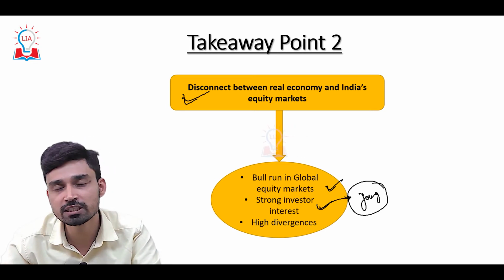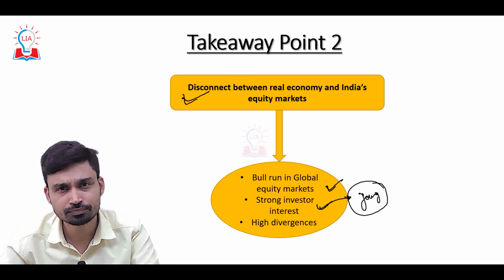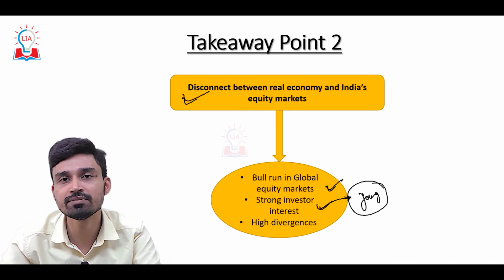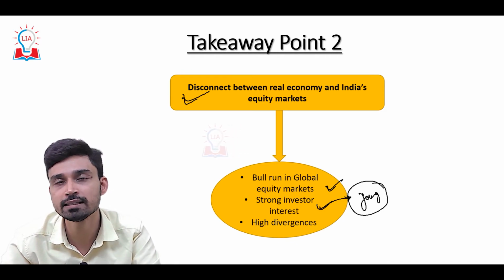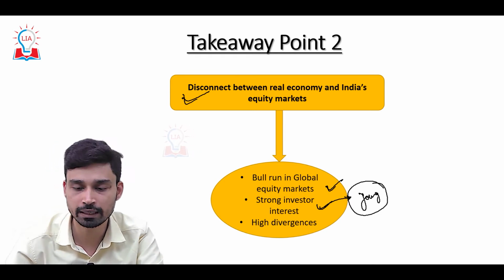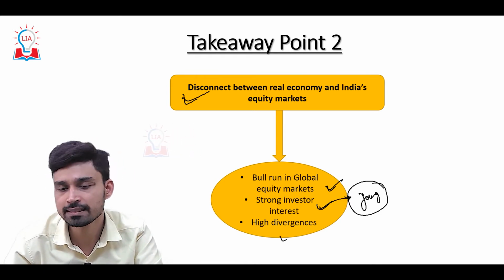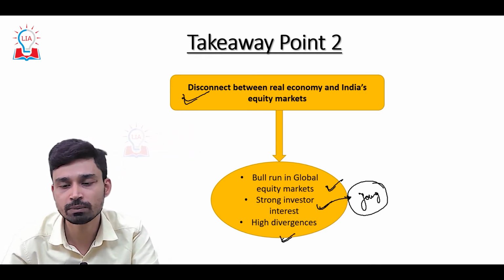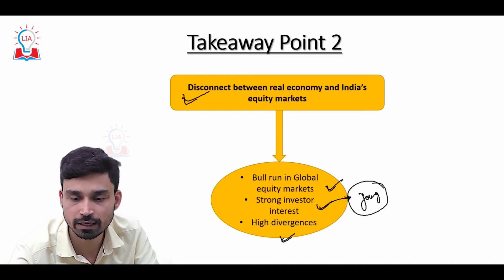We can corroborate this from the fact that recently SEBI has said that there is a very high increase in the inflow of both mutual funds as well as the equity market in India. And this has caused a very high level of divergence between the real economy and India's equity market.